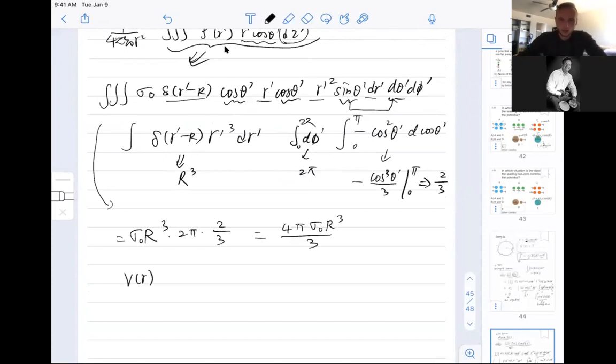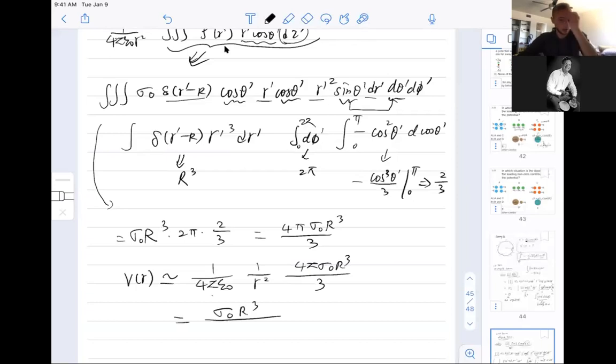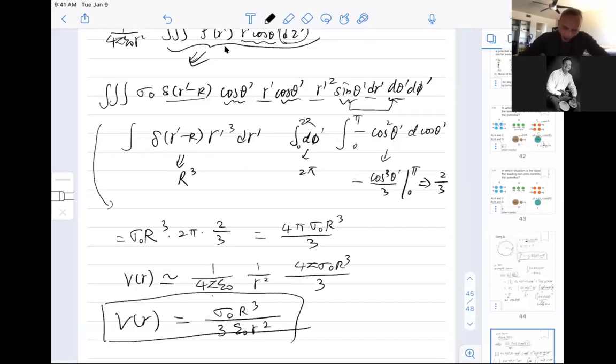So my potential is approximately going to be kq over r squared times the dipole moment, and the dipole moment we just calculated is all of this, so it's going to be sigma naught r cubed over 3 epsilon naught r squared. So you can see that's how we solved this problem using the multipole expansion method.